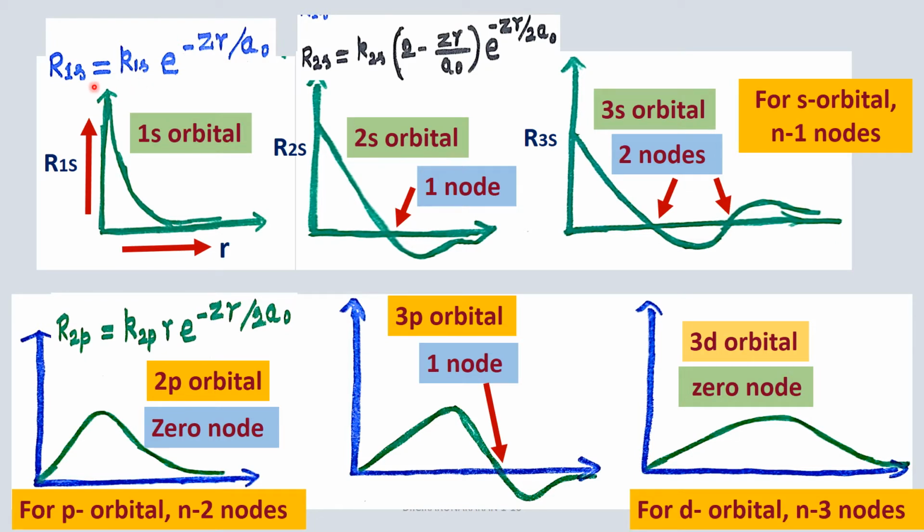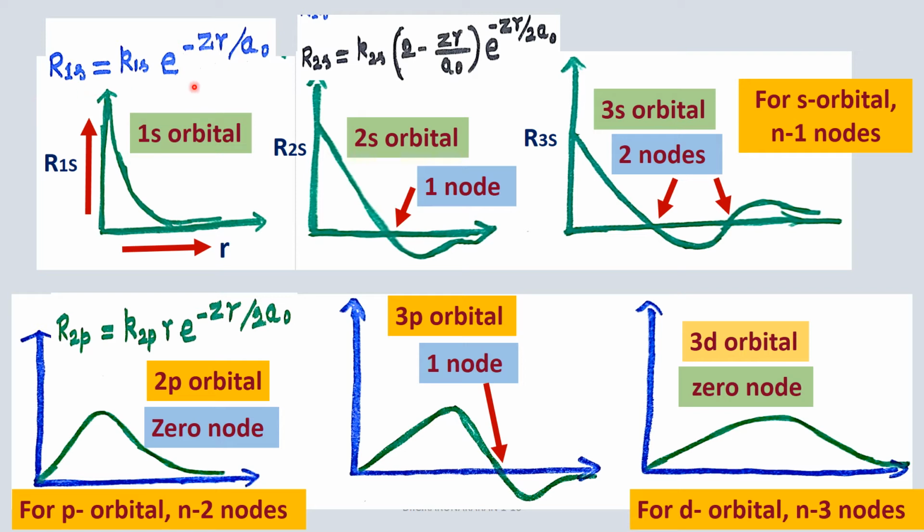The graphical representations of 1s, 2s, 2p, 3p, 3d orbitals are shown here.